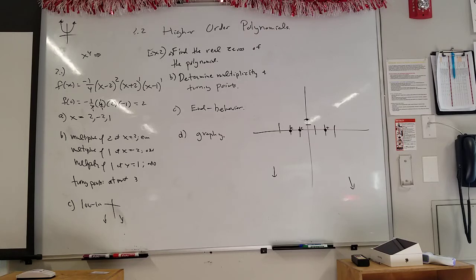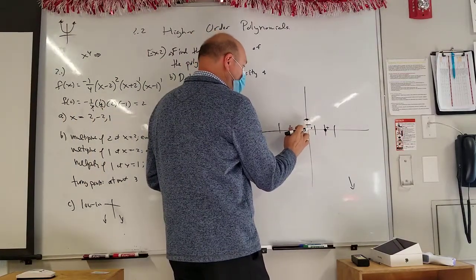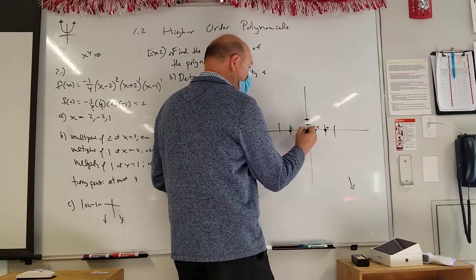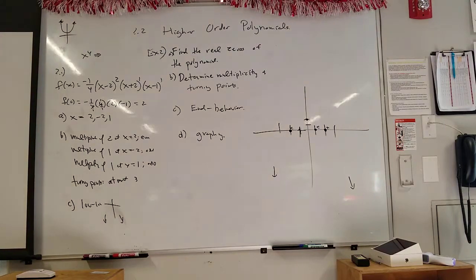No, I don't think it does. Wait, I was going to say positive 1, not negative 1, for the x-intercept. So this one was in the wrong place. It should have been here for the cross. Does that make sense now? Yeah, and that one works. Okay, perfect.